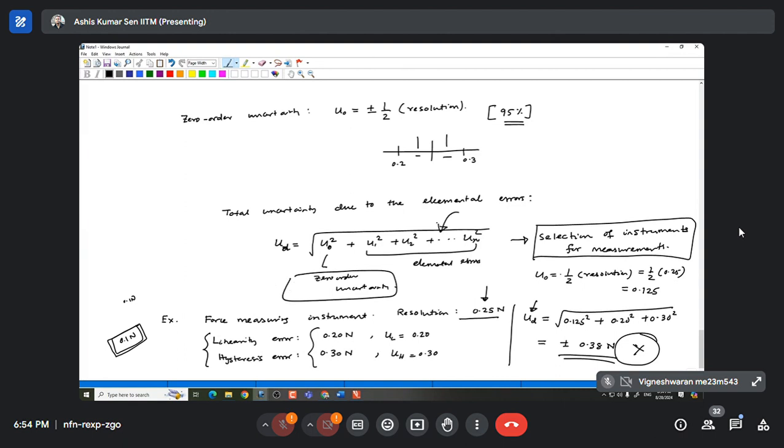When you buy an instrument, if you look at the specification sheet, typically they mention not only the resolution but also other associated errors. If you buy a pressure sensor, all these different kinds of errors will be mentioned in the data sheet. So you really need to calculate the design stage uncertainty to say whether this will serve your purpose or not. You cannot just rely on the resolution. That may give a false impression. Okay, sir.